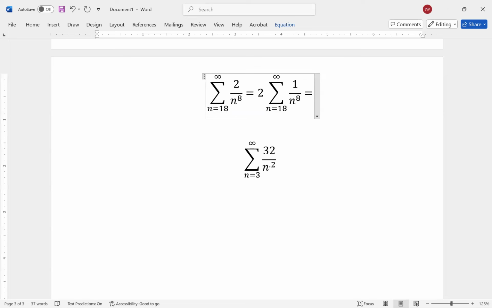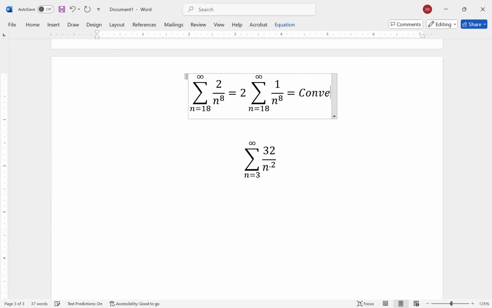Therefore, 1 over n to the 8th, an infinite sum from 1 to infinity, we know converges because of the p-series test. And what I'm arguing is that 2 over n to the 8th, no matter where we start, as long as we sum up to infinity, that is also going to converge.